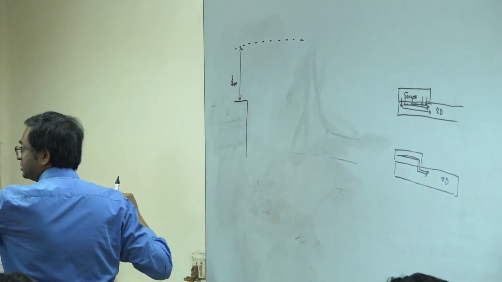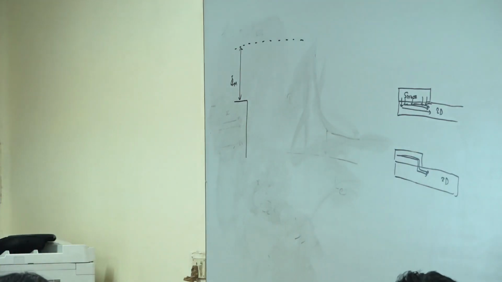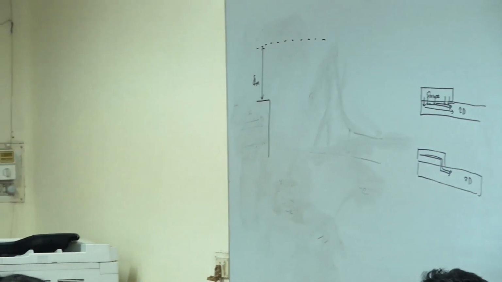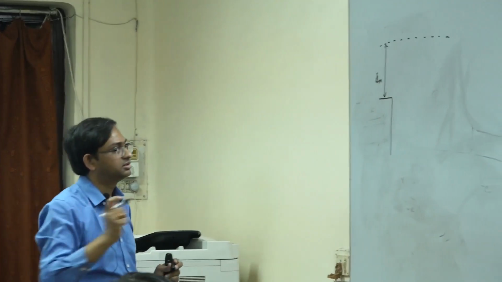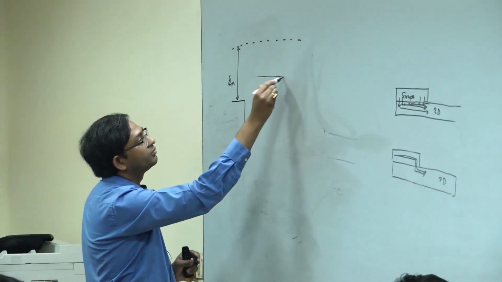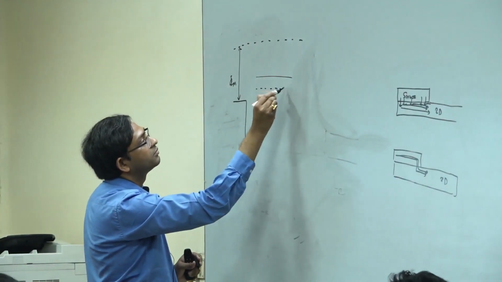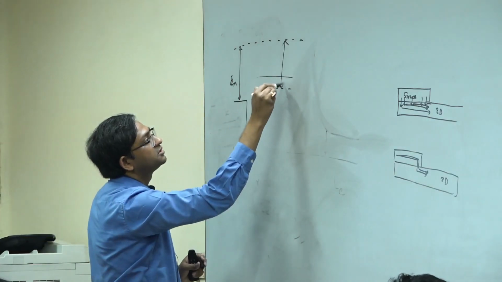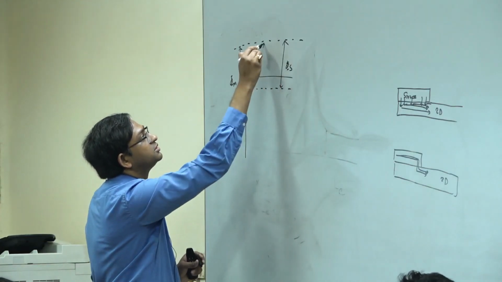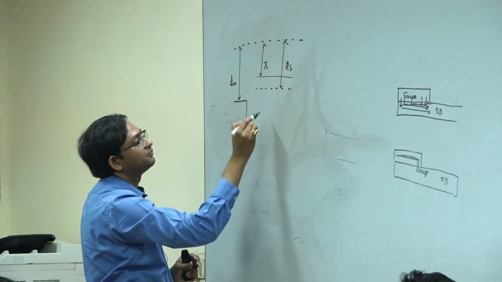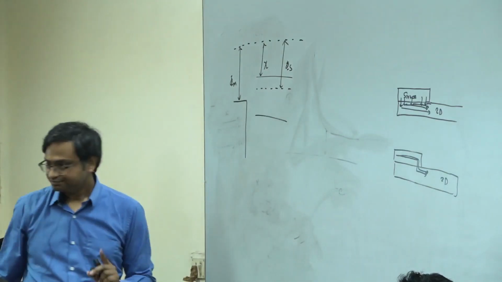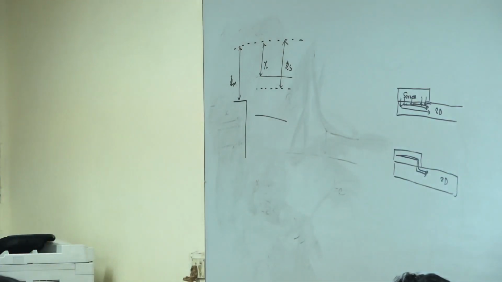In this case, you notice that the work function of the metal is bigger than the work function of the semiconductor. Okay. This is phi s, this is your electron affinity. Okay. This is what we have to start with.